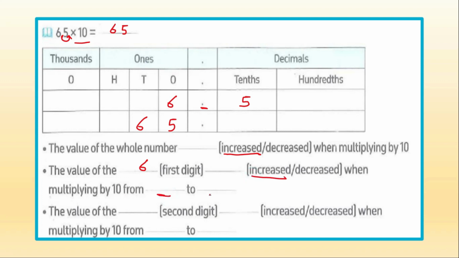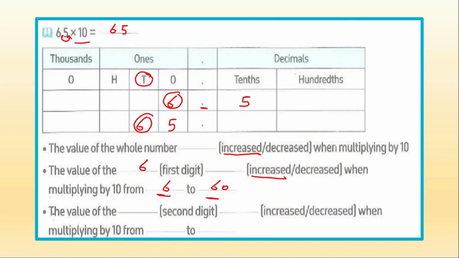From which to which? It was in ones place. صح؟ 6 كانت هنا in ones. تمام، يعني كانت 6 and increased to be 60. صح؟ نشوف chart كده. هي كانت in ones، كانت 6 and becomes 60 in tens place. Okay, واخدين بالكم من chart.